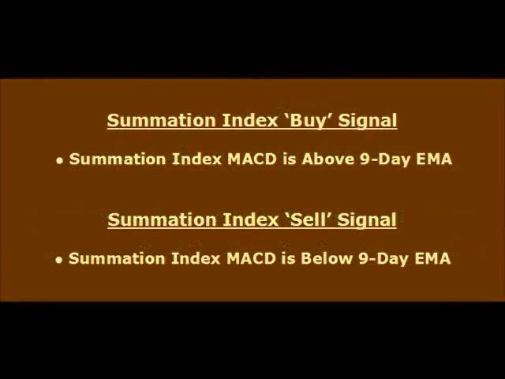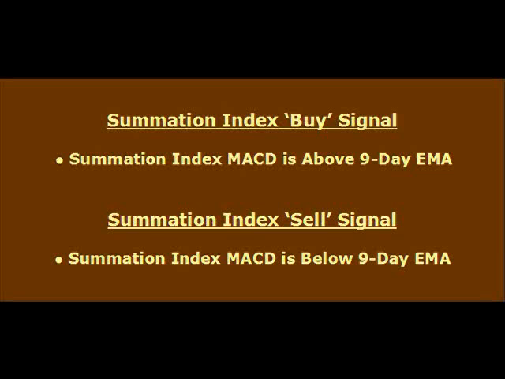The Summation Index is plotted daily, much like a moving average. We can combine the Summation Index with a trend indicator that indicates a bullish or bearish Summation Index. The resulting buy and sell signals from this combination can be very accurate. For example, the Summation Index MACD can be used to trigger buy and sell signals.